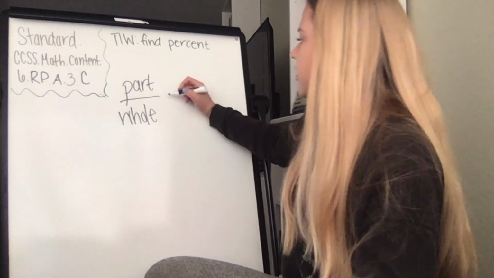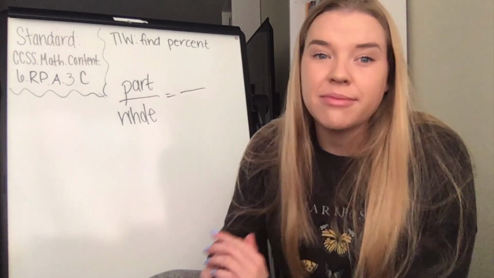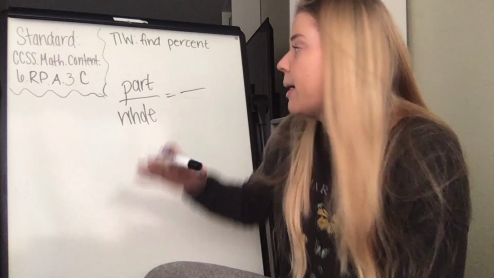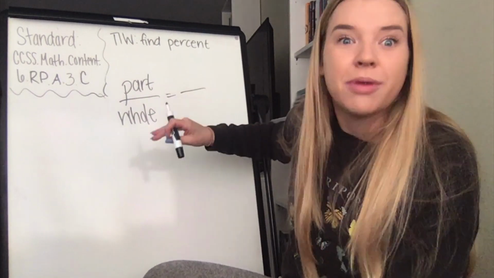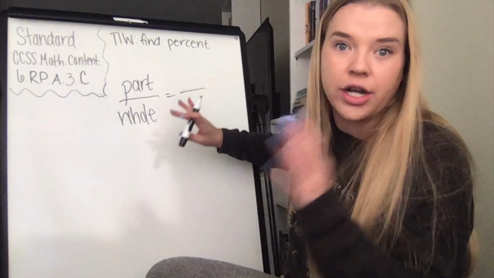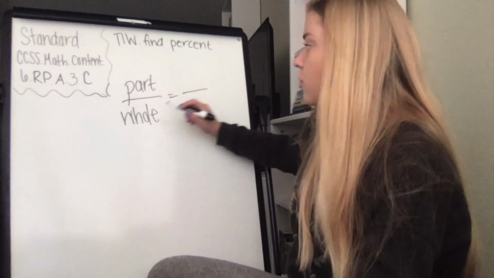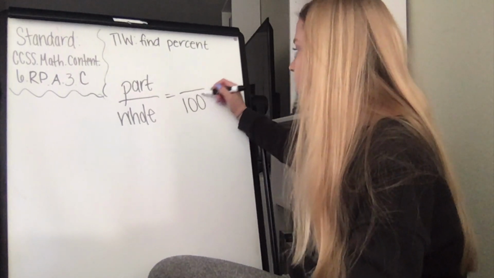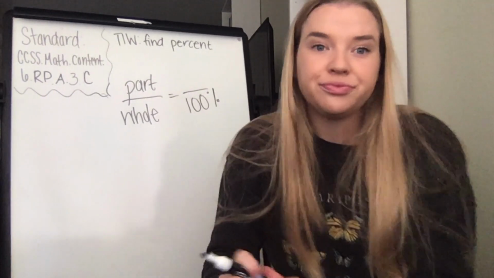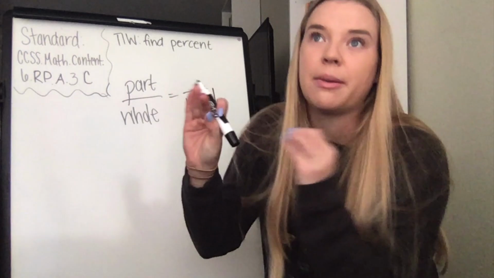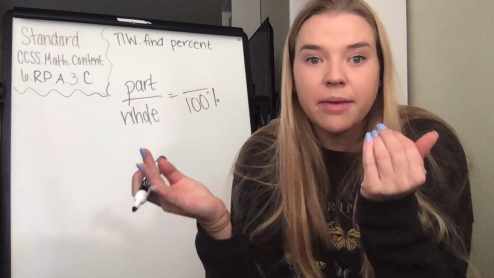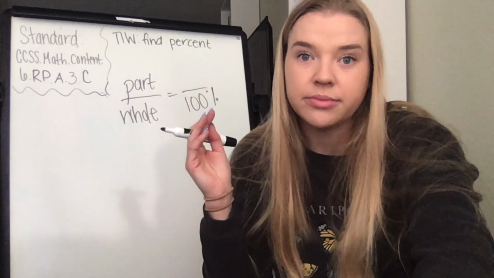So when I am making my equivalent ratio, my parts always stay on top, my parts stay with my parts, and my wholes stay on the bottom in this situation. So my whole, my entire thing, is 100%. This is essentially the basic setup for how I solve percent problems.